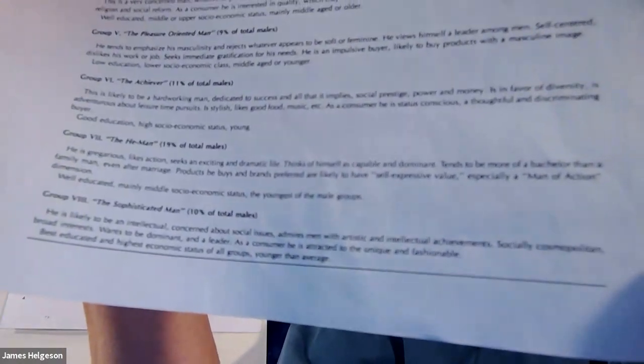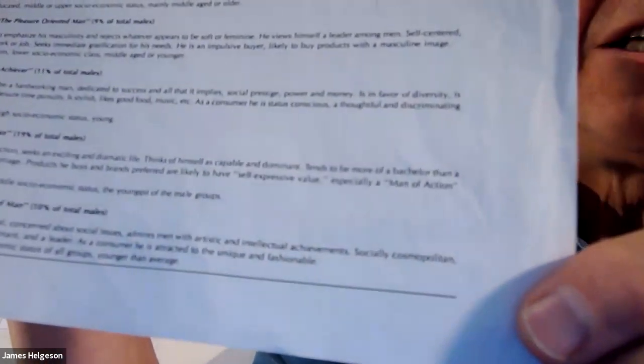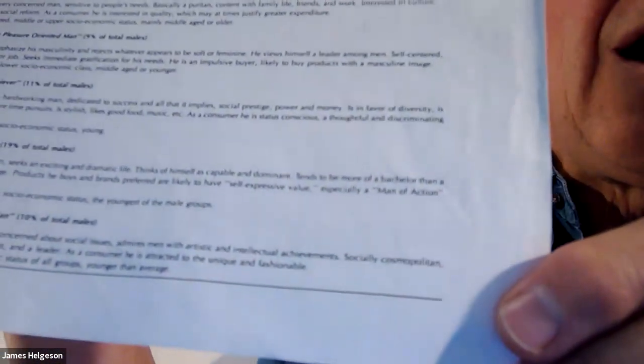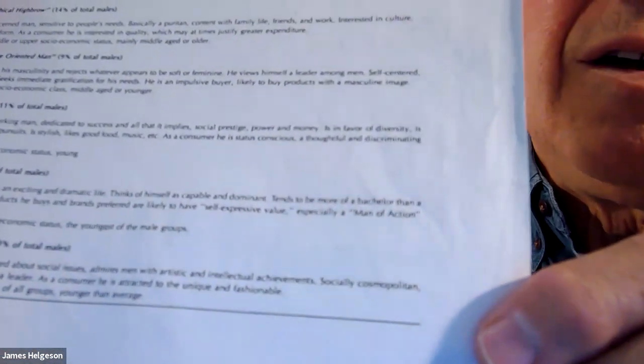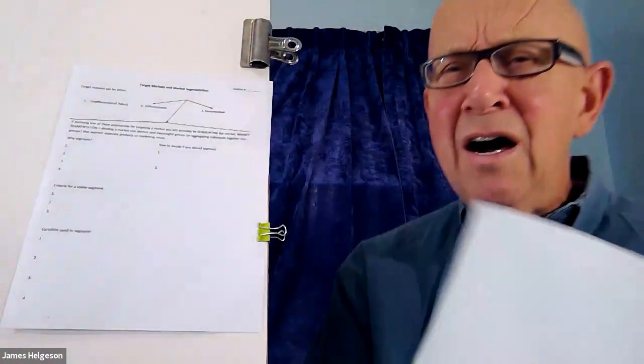He is gregarious, likes action, seeks an exciting and dramatic life, thinks of himself as capable and dominant, tends to be more of a bachelor than a family man, even after marriage. What? Watch out, ladies, for that guy.